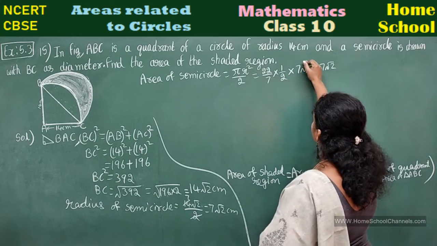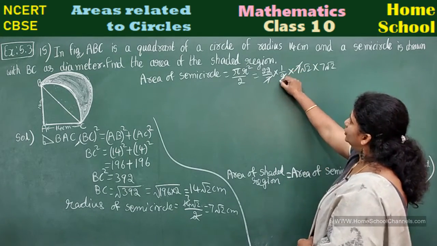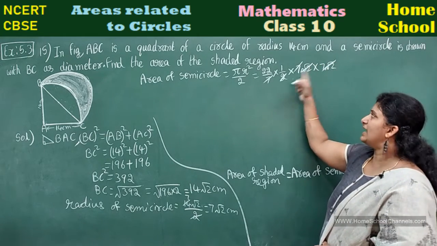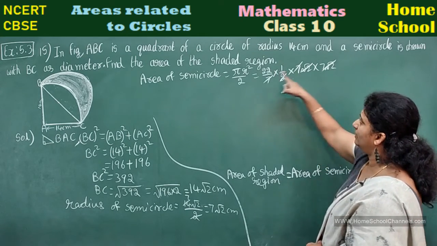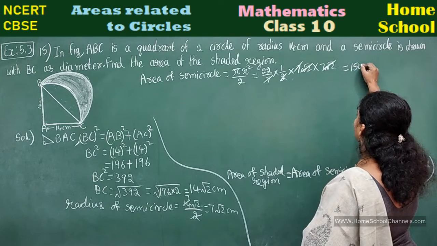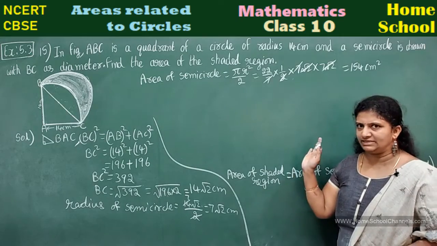So observe carefully, 7 and 7 cancel, and root 2 into root 2 is 2. So the 2 and the 1 by 2 will be cancelled. And here you are left with 7 into 22. That is 154 centimeter square, the area of the semicircle.